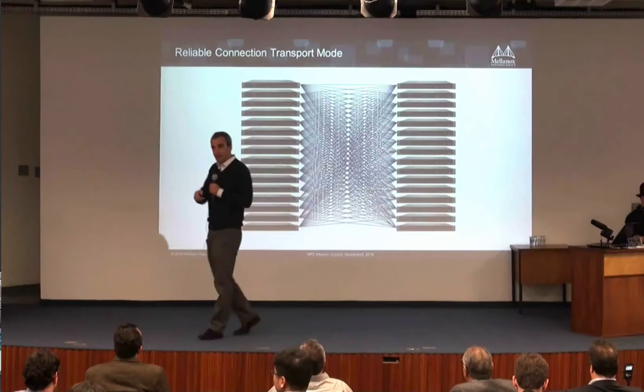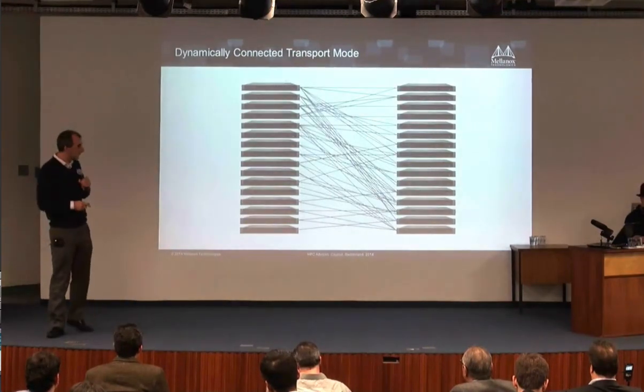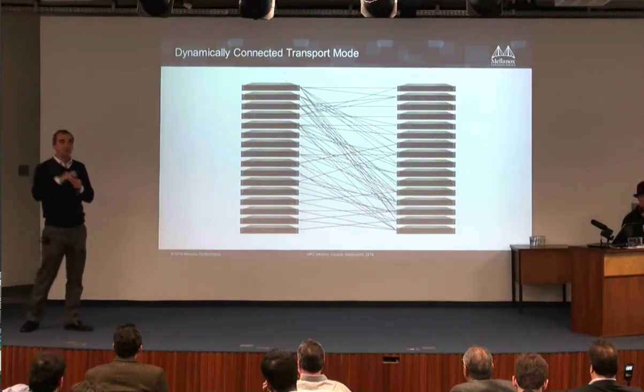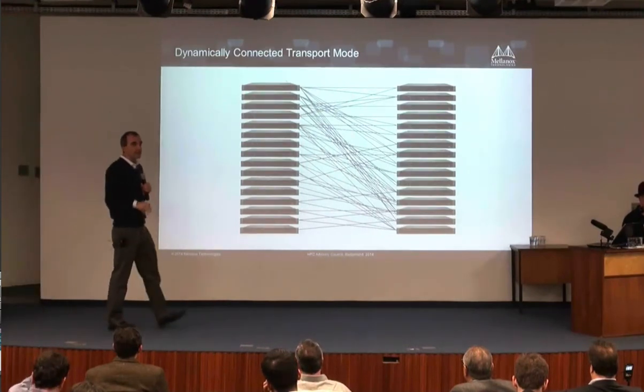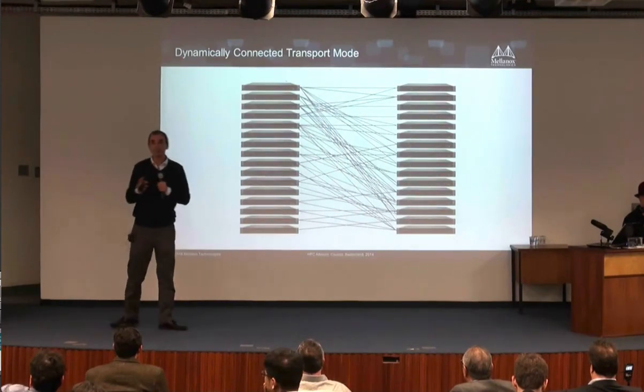We created for that what I just mentioned. This is called the dynamically connected transport that takes a completely different approach to the managing of this connection context. It creates this context on the fly and on an as-needed basis.